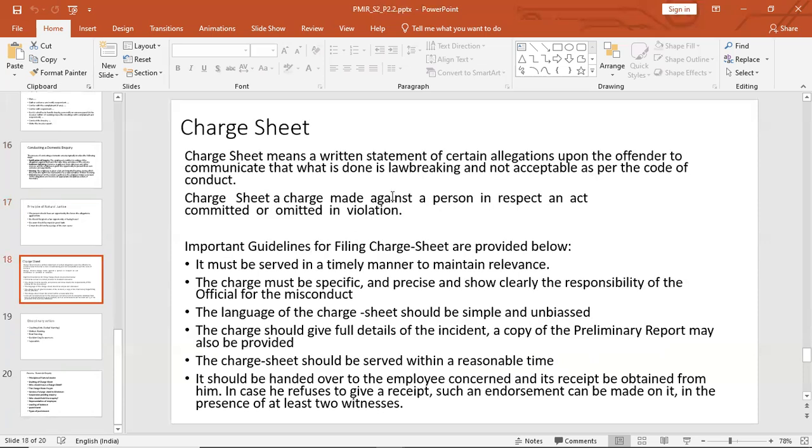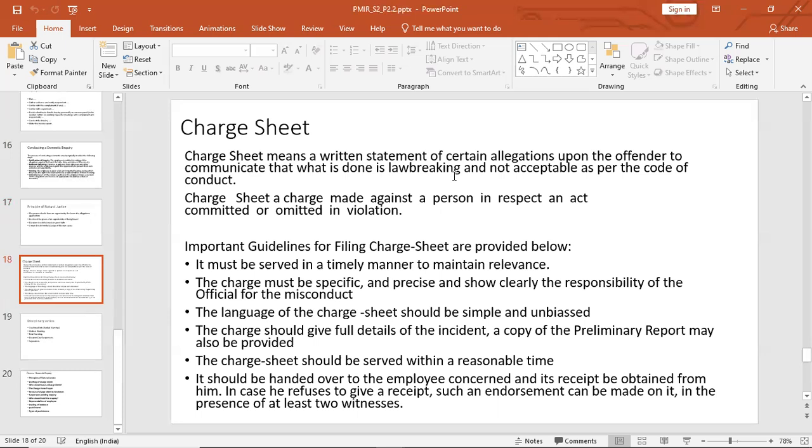Charge sheet. How is a charge sheet prepared, what are the main contents, what is written in a charge sheet? This could be one question. This is one important subject. A charge sheet means a written statement of certain allegations against an offender, to communicate that what was done is law breaking and not acceptable as per the code of conduct.